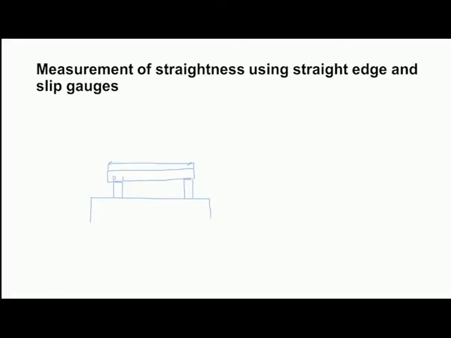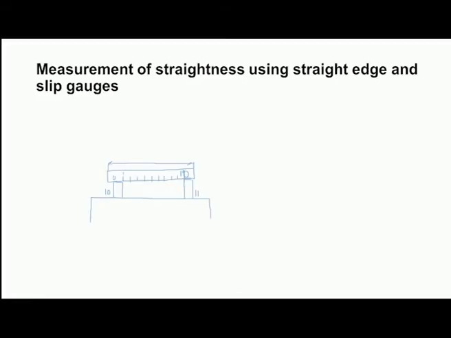So, this is 1, 2, 3, 4, 5, 6, 7, 8, 9 and 10. Now, the height of this particular slip gauge is say 10 millimeter, and height of this particular set is say 11 millimeter. So we know the height at point number 0 is 10 millimeter, and at point number 10 the height is 11 millimeter.